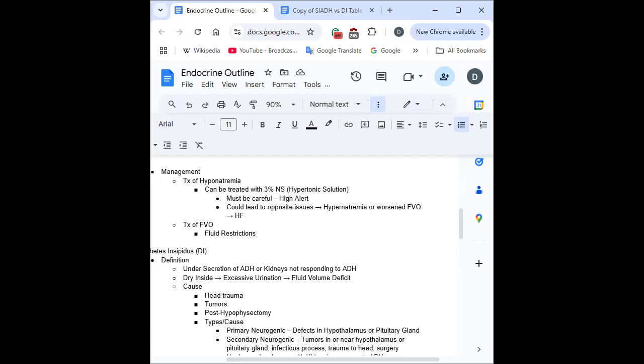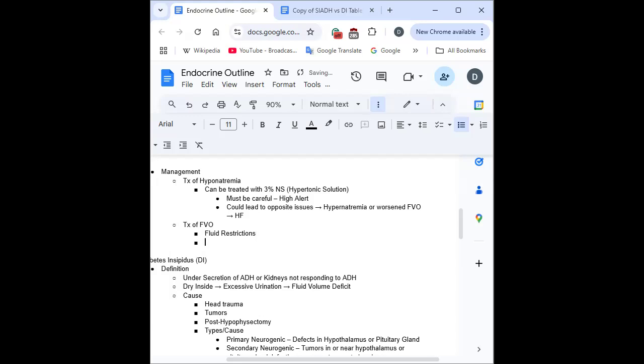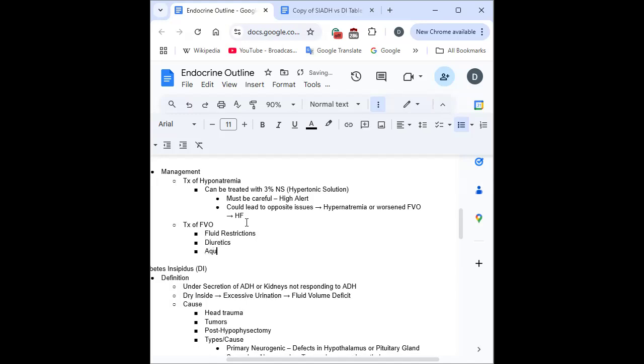If you open up your drug book, the medications that do that, the aquaretics, have the black box warning to monitor for overly high increase in sodium as well as possible demyelination of neurons. That's why the first line should be fluid restrictions, but diuretics and aquaretics are included as well.